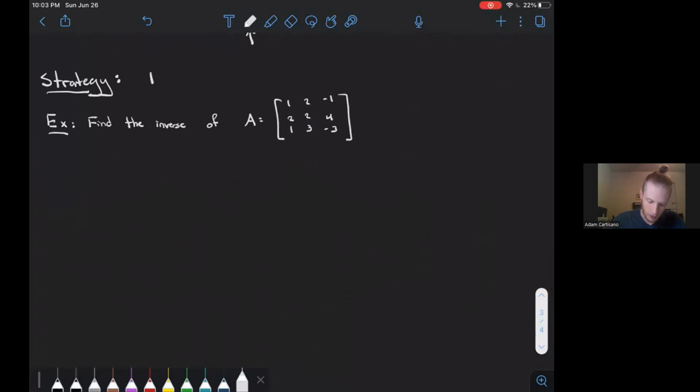Row reduce A augmented with I. Assuming that A is invertible, which we're going to have to just assume for now, we want to row reduce A down to the identity, and then simultaneously we're going to row reduce the identity, and it will row reduce up to A inverse, right?